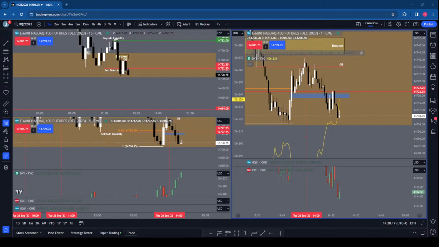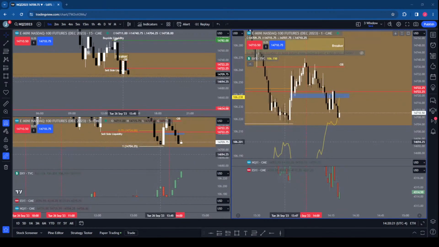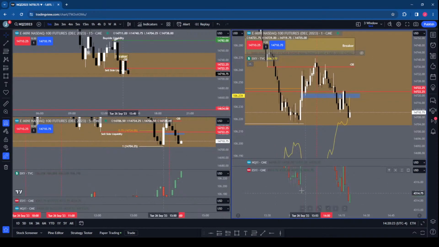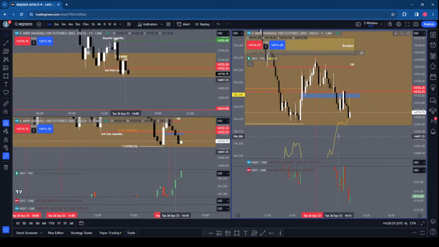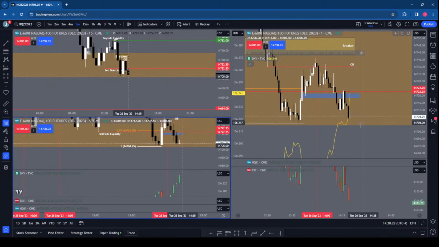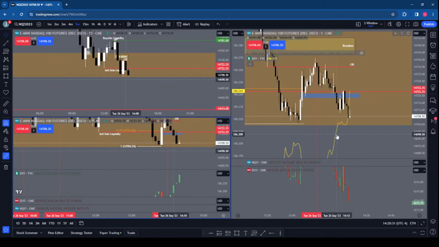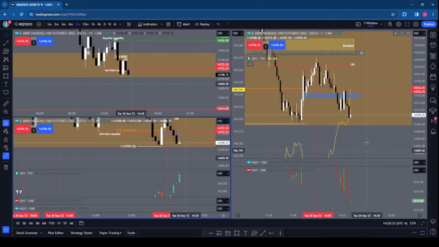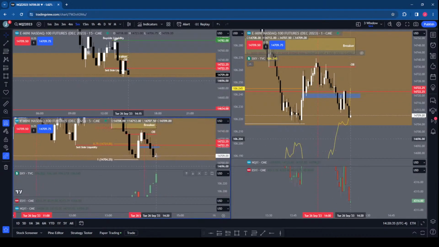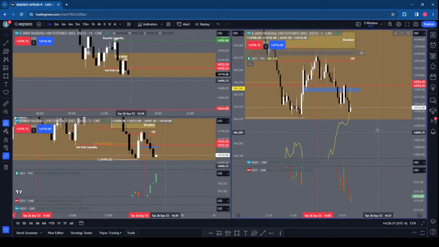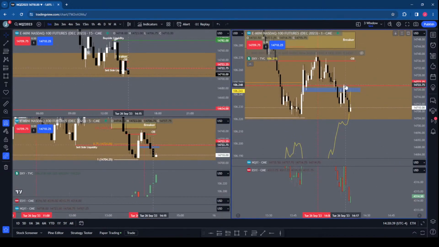Yeah, so dollar's really ripping higher. NASDAQ still doesn't want to make this lower low, which I think is interesting because NASDAQ's usually the leader, so I'm just going to watch this right now. But with the dollar, it's really ripping higher. Downside seems probable.